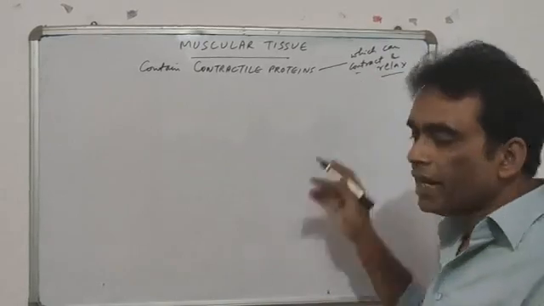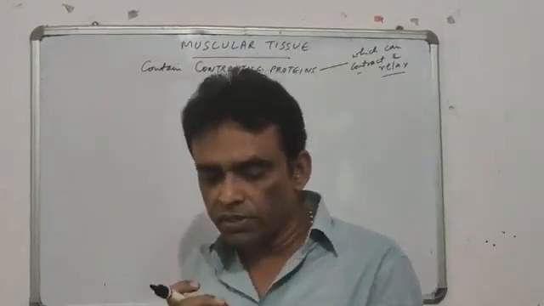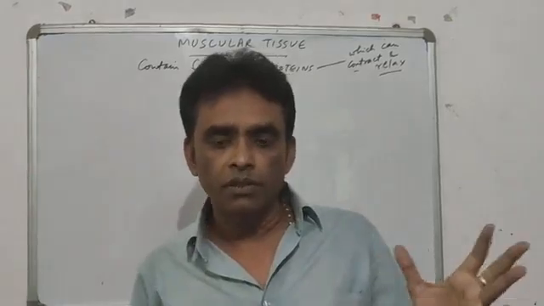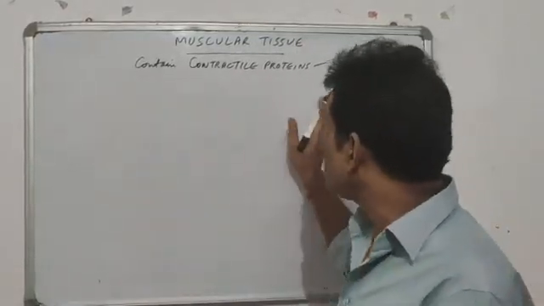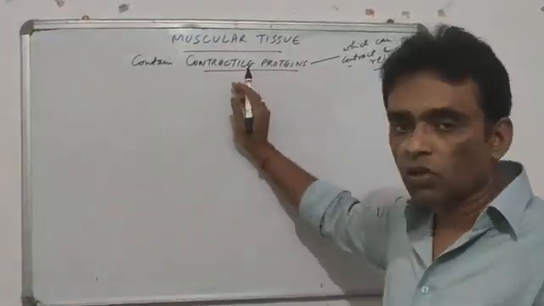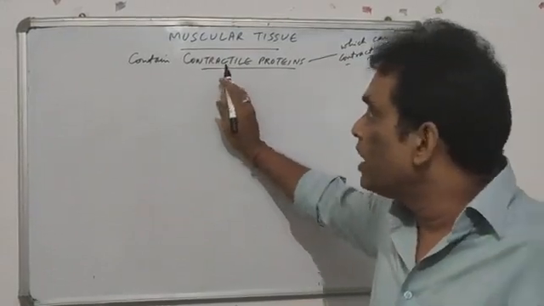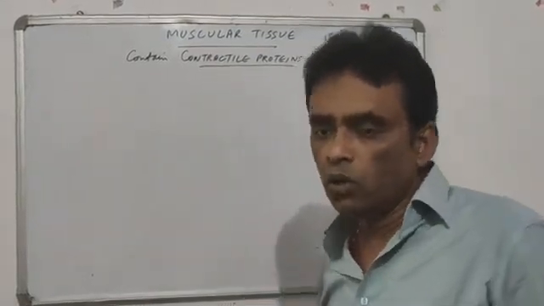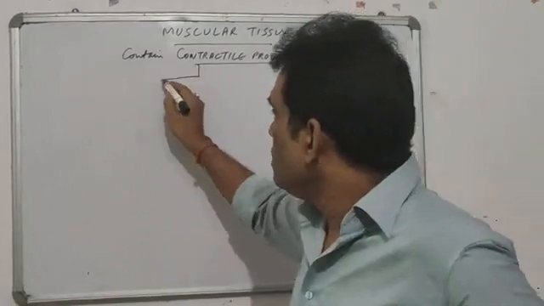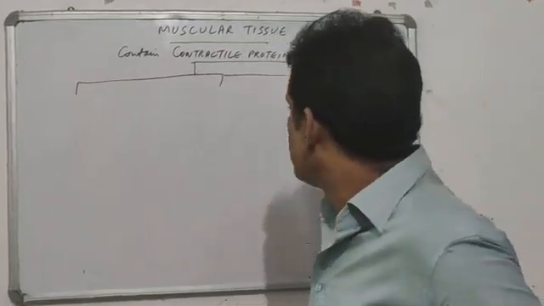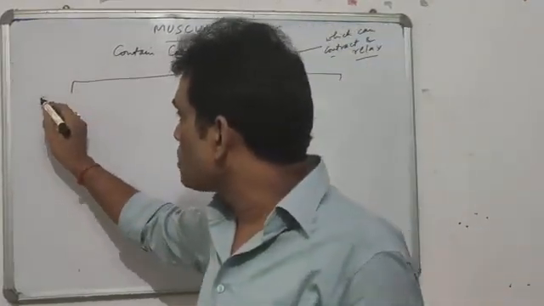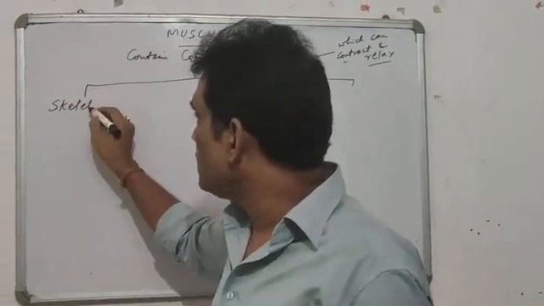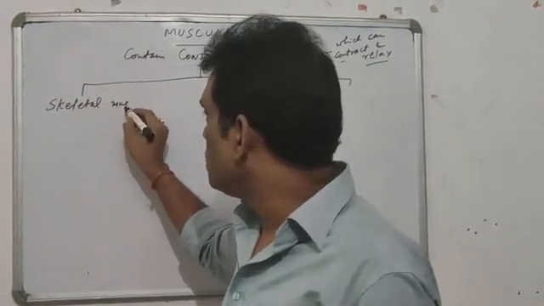Because they contract, their size decreases, and relax means their size increases. Because they are capable of contraction and relaxation, they are called contractile proteins, and they help in movement and locomotion. There are three main types of muscular tissue present in our body. The first one is called skeletal muscular tissue.